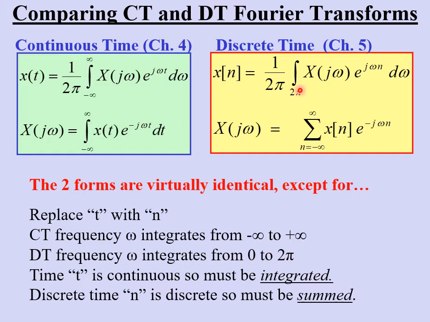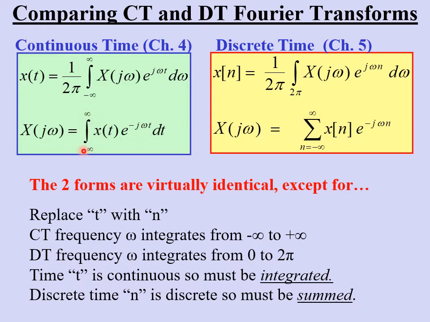The next thing is in this transform integral here in continuous time. Remember, this is time, and time is a continuous variable, so that's why it's integrated here. When we go to discrete time, time, of course, is not continuous anymore. It's discrete, so we can't integrate it. We have to do a sum.